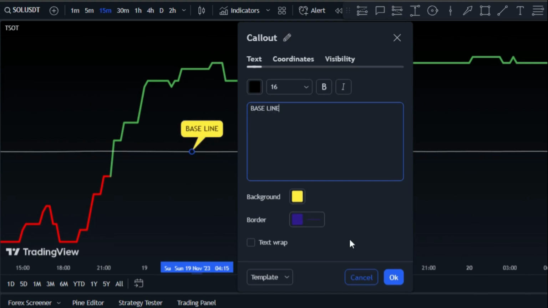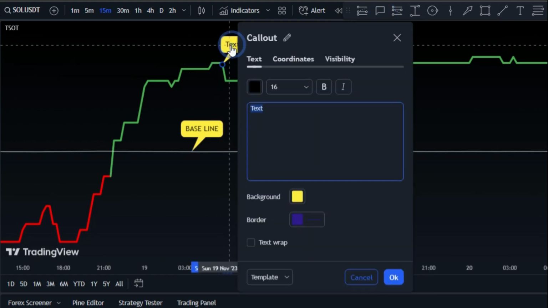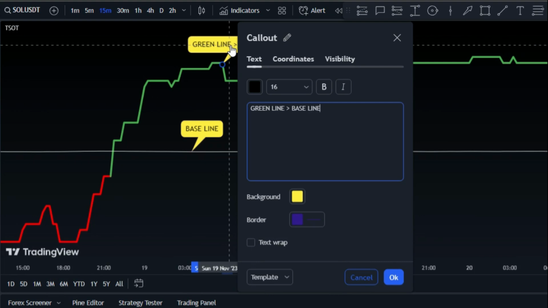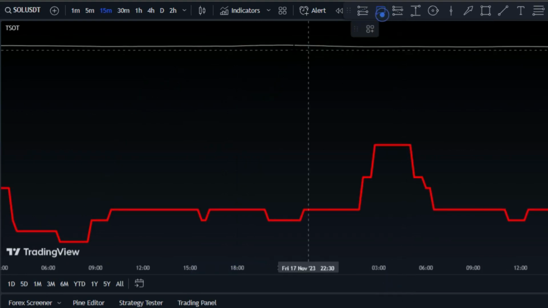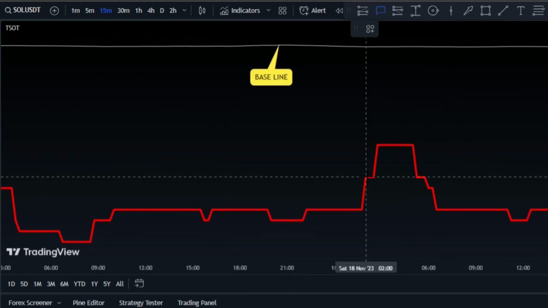If the line is green and above the baseline, it means the buyers are ruling the market. But if the line is red and below the baseline, it means the sellers are in charge.